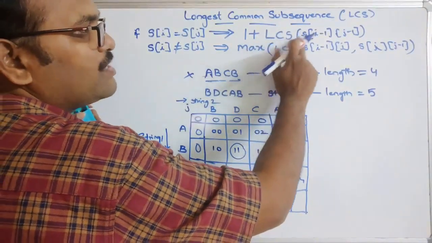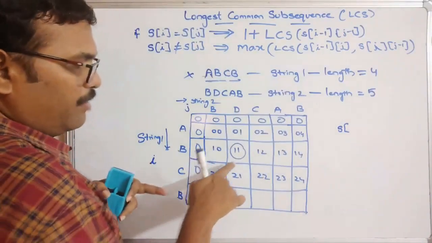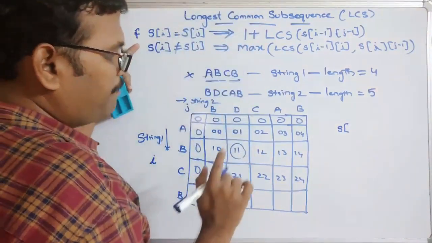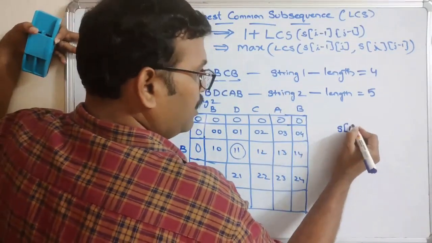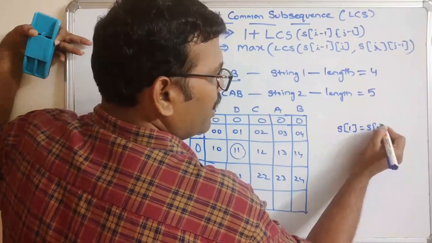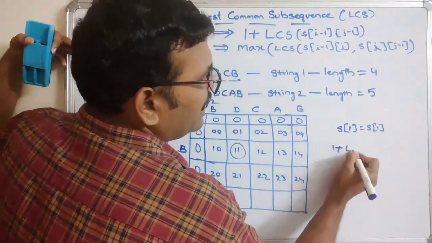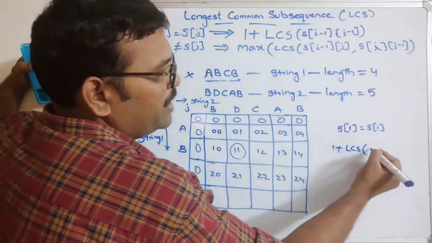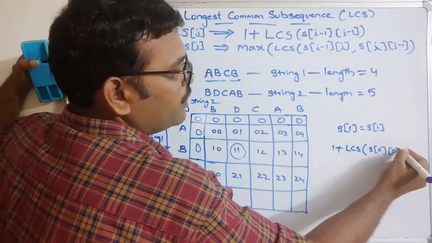1 plus LCS of S of, for example, if you consider 1,1 here, S of i is equal to S of j. Okay, so S of 1 is equal to S of 1. What we have to do? If both are equal, we need to add 1 plus LCS of S of i minus 1, j minus 1, which means S of 0, 0.